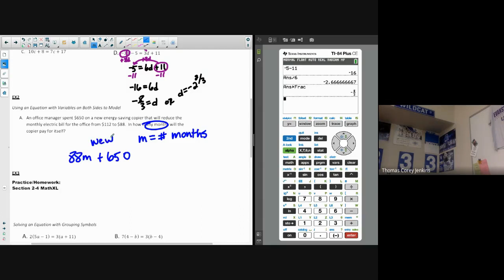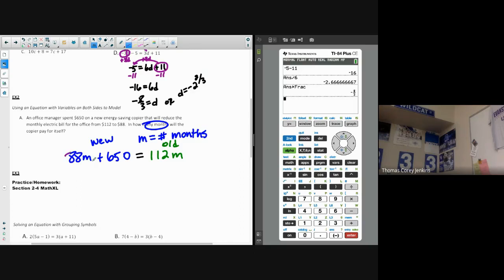All right, they don't give us a startup cost for the old one, so we are just going to go with the monthly cost, right? So the monthly cost for that one is $112 per month. So 112M. And then we set them equal to see when we draw even, which kind of makes sense, right? So we want to get like terms to the same side, right?